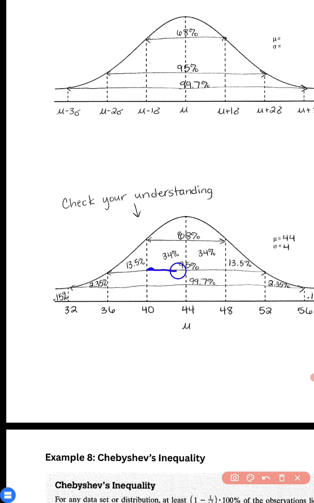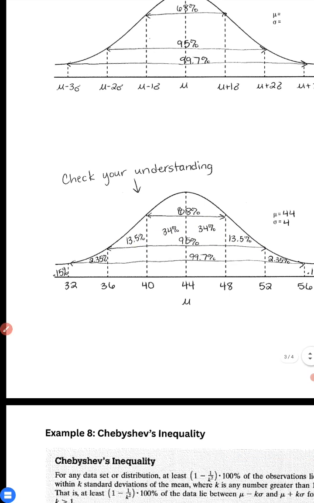So 68% of people fell here, right? So that means 34% and 34% in these two sections. 95% fall in this larger section. Well, 95 minus 68 leaves me with 27% to fall here and here. If I split that in half, that's 13.5 in each section.